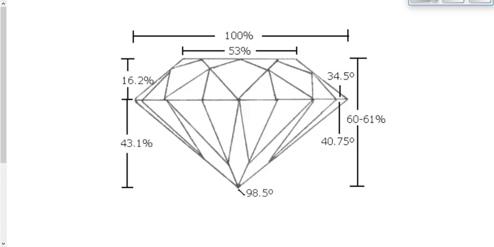When light enters the diamond, usually it enters from above, right? You've got a ring on your hand, the light goes in from above, usually. Not always, but usually. Now, diamond has a very high index of refraction, 2.42 actually.